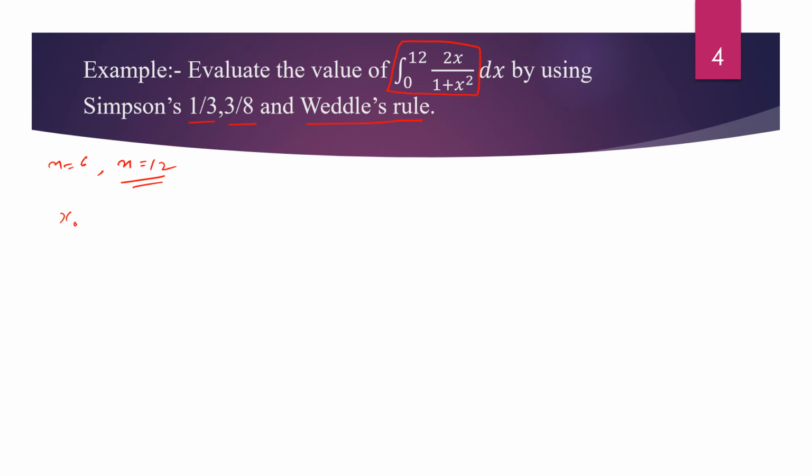That means x will be 0, 1, 2, 3 till 12, and with respect to x you will get the values f0, f1, f2 till f12. Now for this table you can easily use Simpson 1 by 3, 3 by 8 and Weddle's rule. Use all three formulas and verify whether the solutions are the same or not.